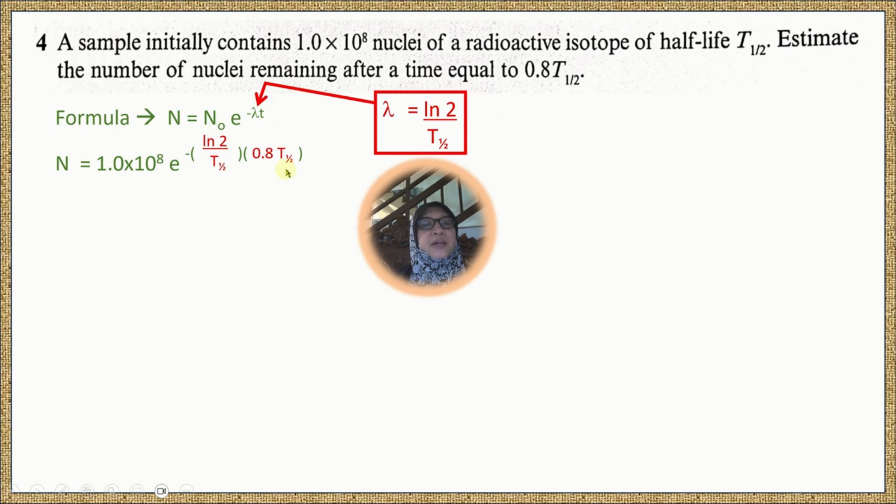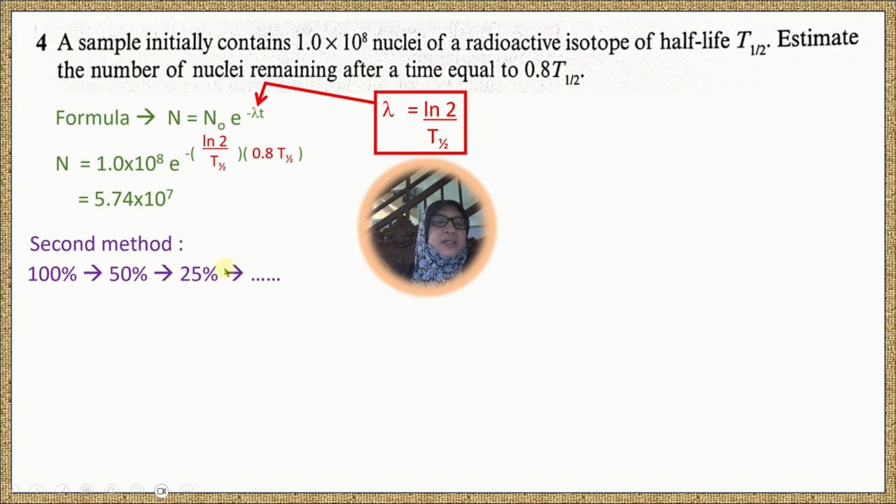So the half-life cancels out, and we get ln 2 times 0.8. We get the answer 5.74 times 10 to the power of 7. You can solve using the log rule. I didn't show it here, I hope you all can do it. The answer is 5.74 times 10 to the power of 7.